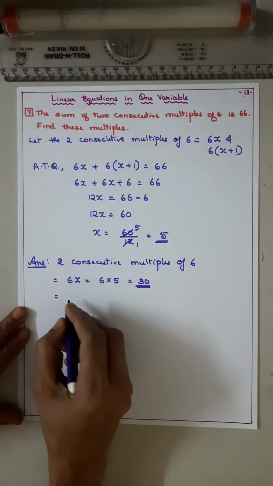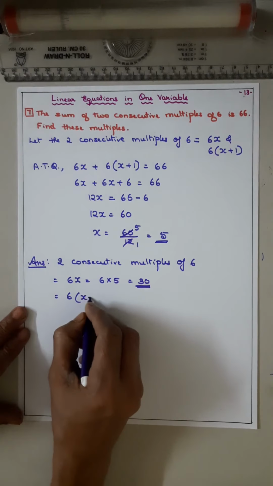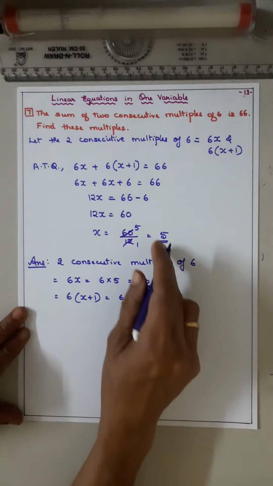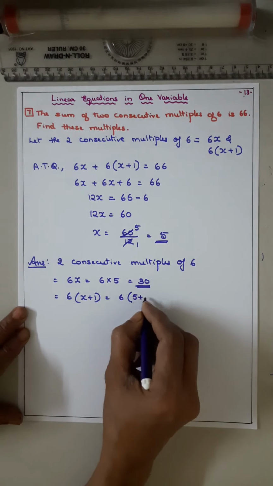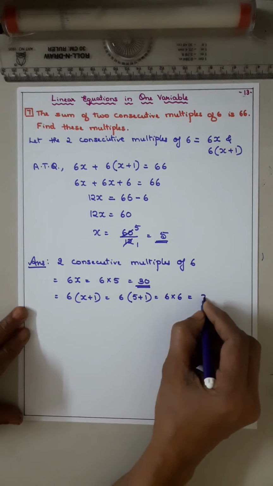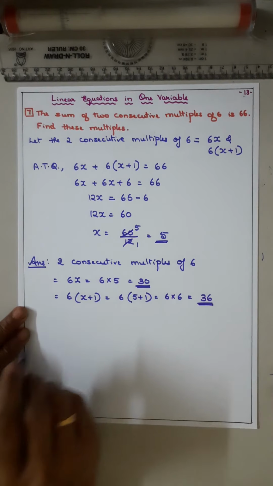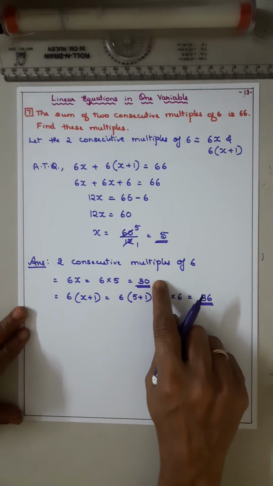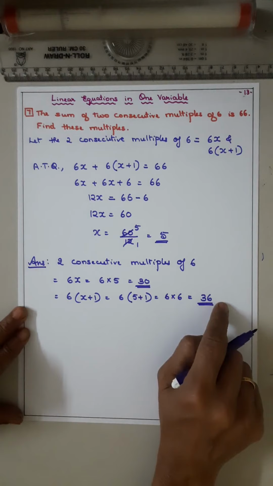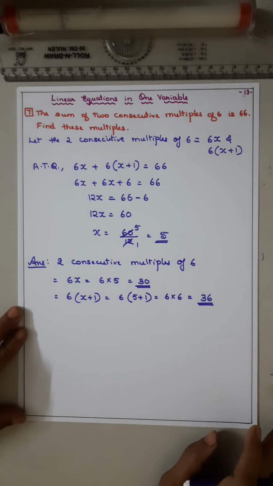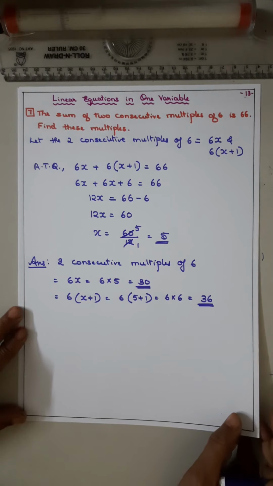Second is 6 bracket x plus 1, that is 6 bracket 5 plus 1, so 6 into 6 is equal to 36. First multiple is 30, 6 fives are 30, second will be 6 sixes are 36. Hope you understood this. So this type of sums on multiples are easy.